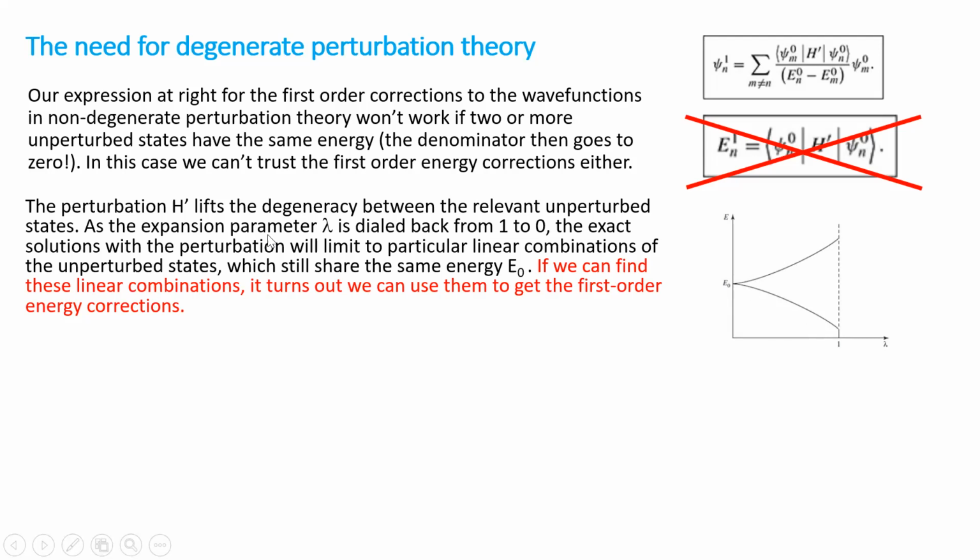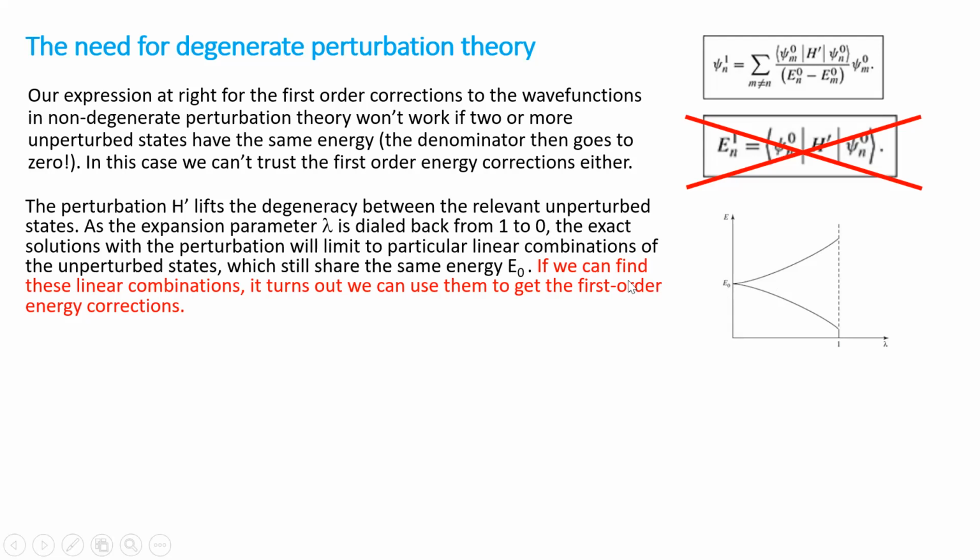Conversely, as the expansion parameter lambda is dialed back from 1 to 0, as we go back from having the full perturbation to the unperturbed Hamiltonian, the exact solutions for the states with the perturbation will limit to some linear combinations of the unperturbed states, which share the same energy E0.